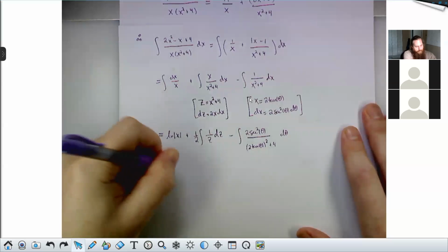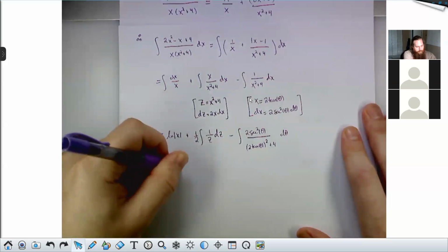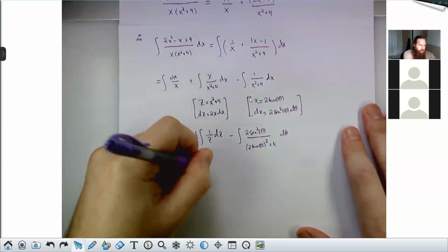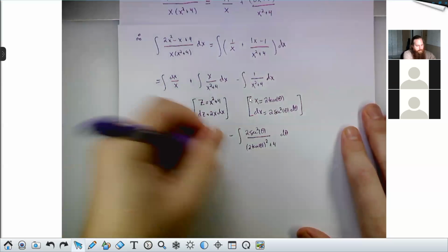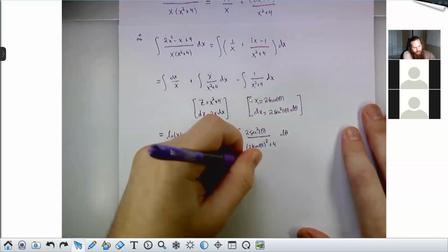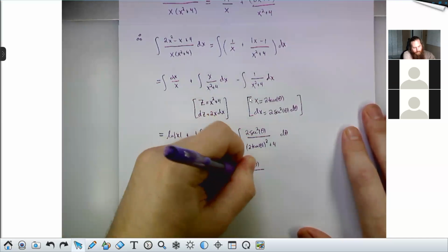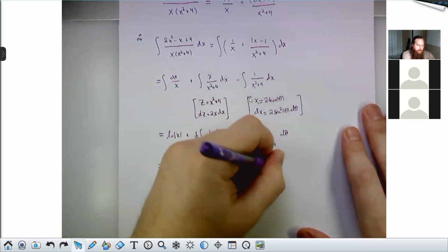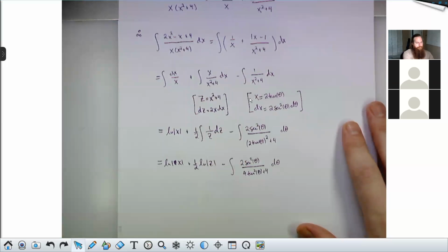So I get natural log absolute x plus 1/2 natural log absolute z minus integral 2 secant squared theta over 4 tan squared theta plus 4 d theta.